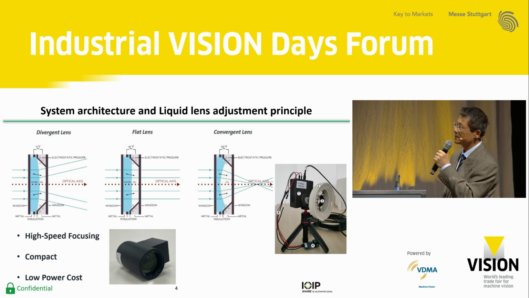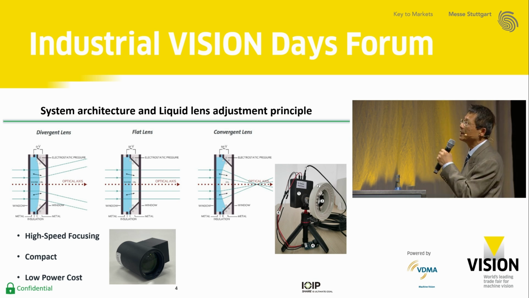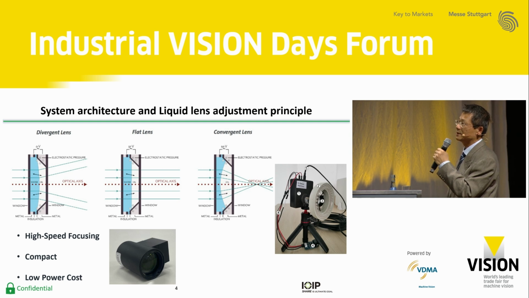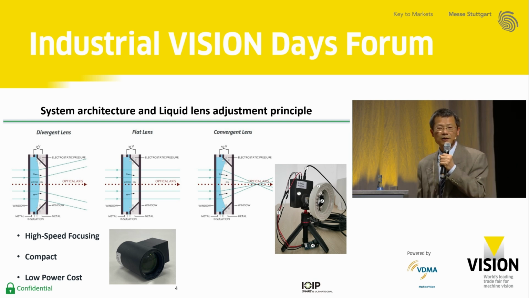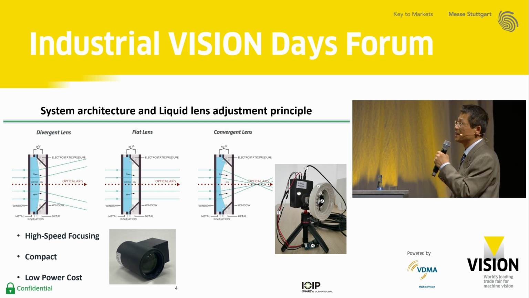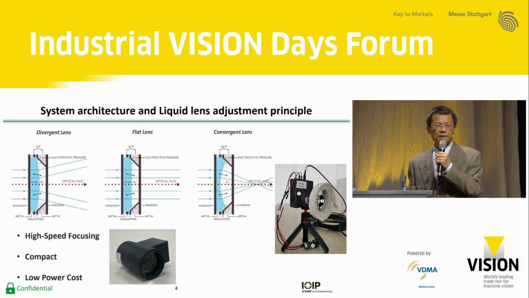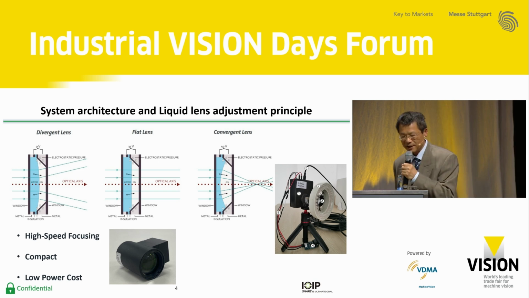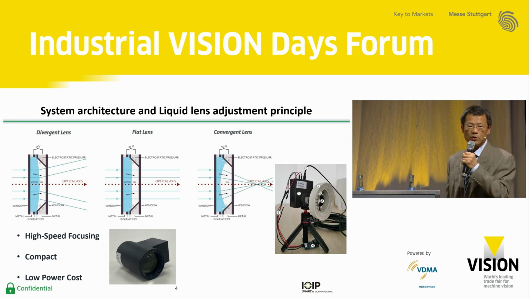When the light goes through this surface, depending on the refractive index, it can act just like a divergent lens, flat, or a convergent lens. So it is a variable lens, working with two different liquids.